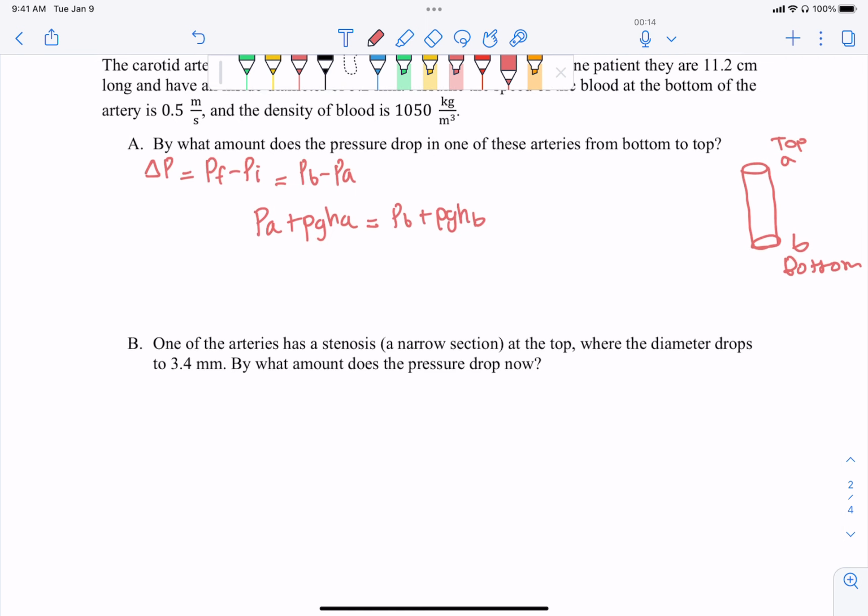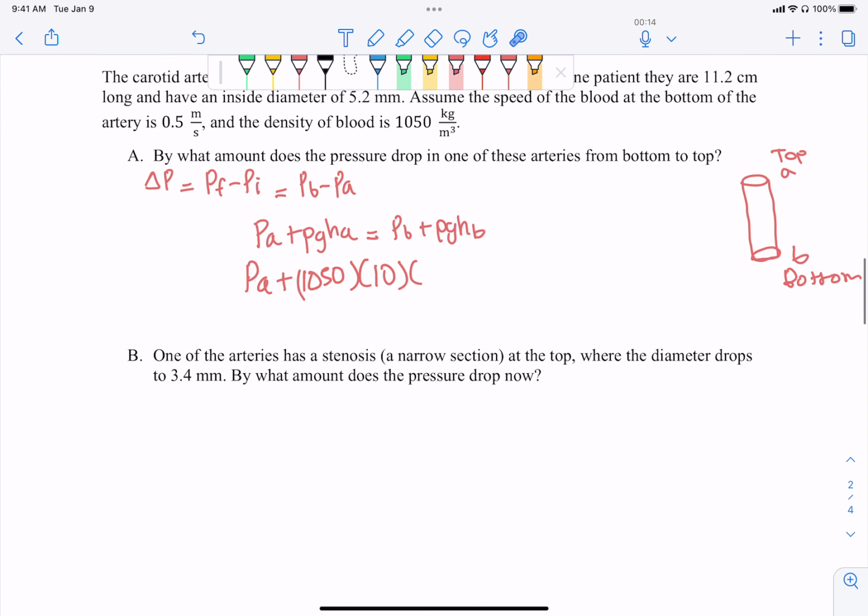So I can set this up. I don't know PA. I know the density of the blood is 1,050 kilograms per meter cubed, times 10 meters per second squared, times the height at A, right? This just depends on how you want to set up your height values.